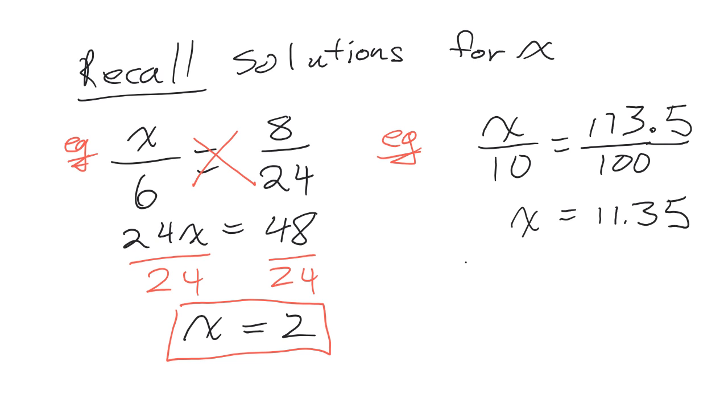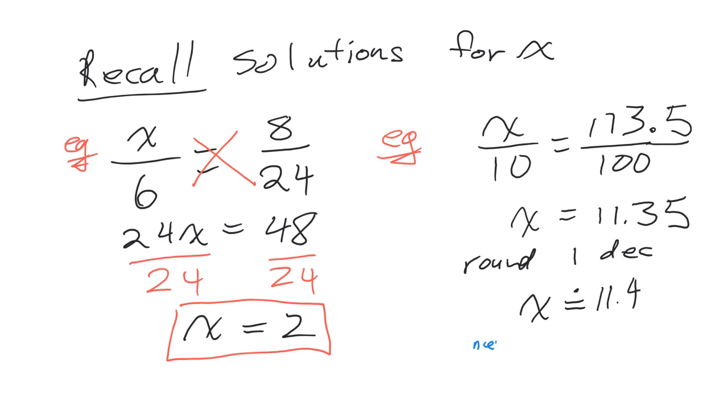And if I asked you to round to 1 decimal place, what would that decimal be? You'd have x is equal to approximately 11.4. The reason is because we have to do certain things for rounding.